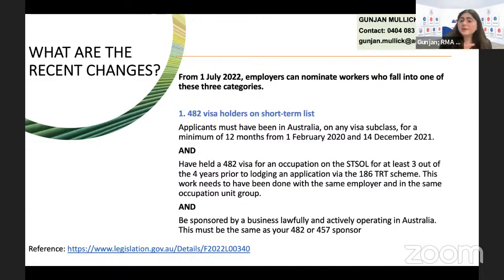So if you were working with the same employer for 3 years on a 482 visa, then you can directly apply for 186 TRT, even if you're on a short-term list. So let's say you're a cook, that's in a short-term list. Usually before these rules, you were not eligible for 186 permanent residency. However, if you are on a 482 and worked for 3 years with the same employer and you fall under the transitional arrangements, then you can apply for the 186 permanent residency.